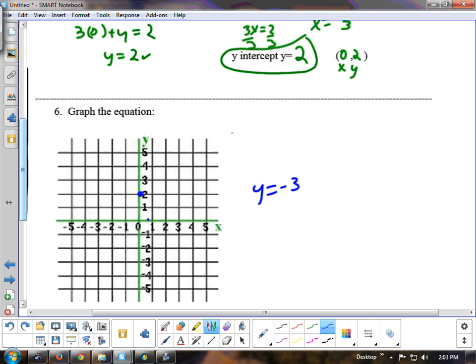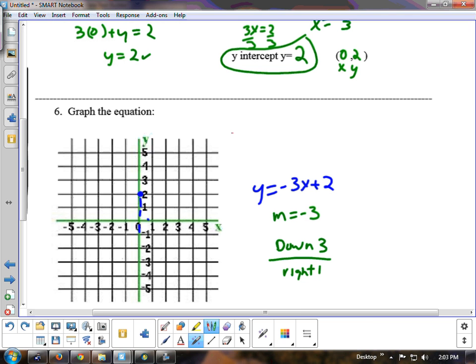If you use that form, the slope is negative 3. That means go down 3 and right 1. Down 3: 1, 2, 3, right 1. So I should be right there. Down 3 from there, right 1, right there.